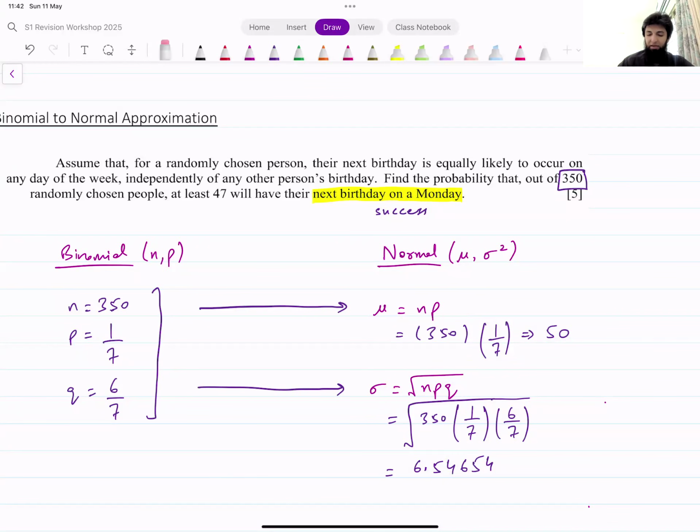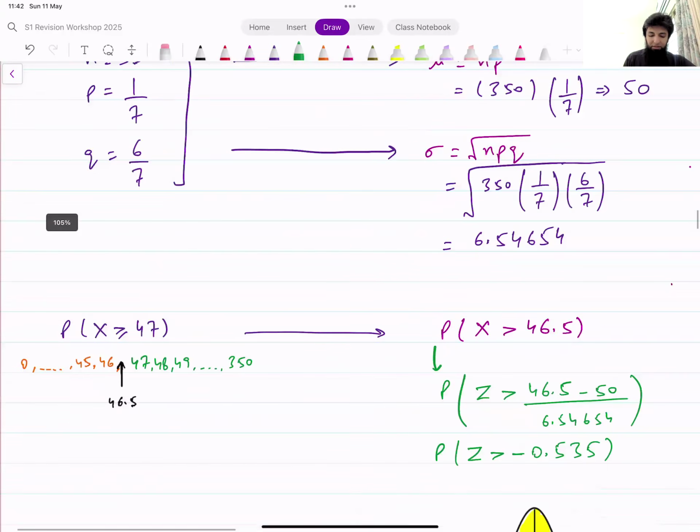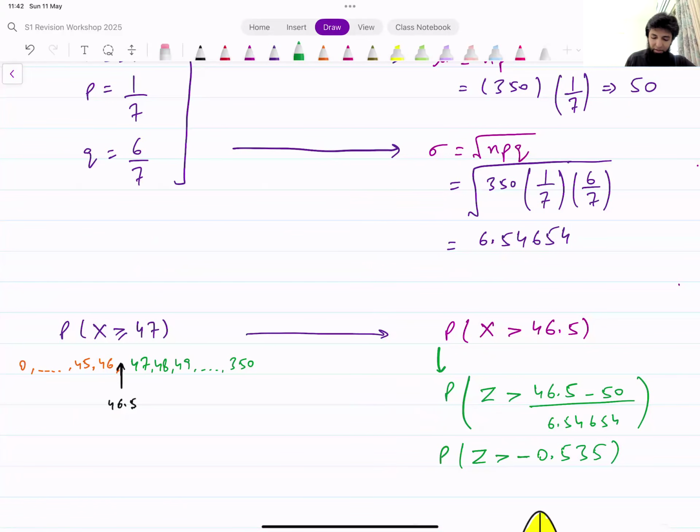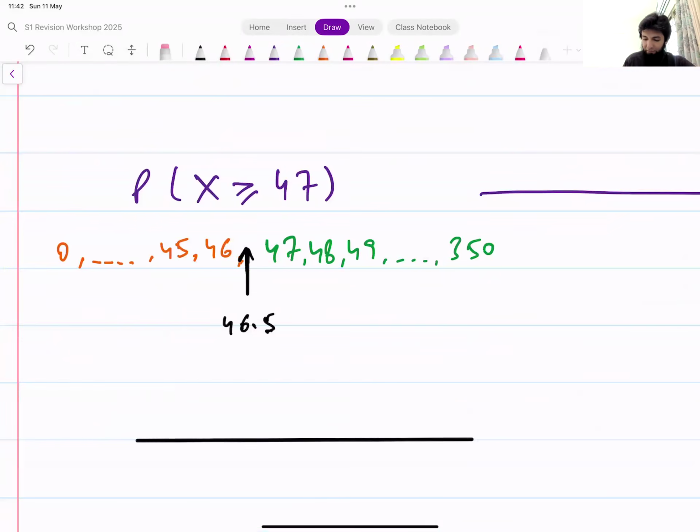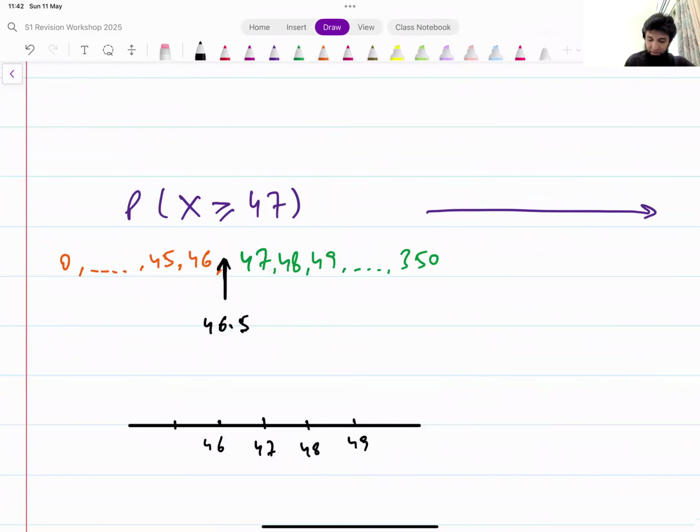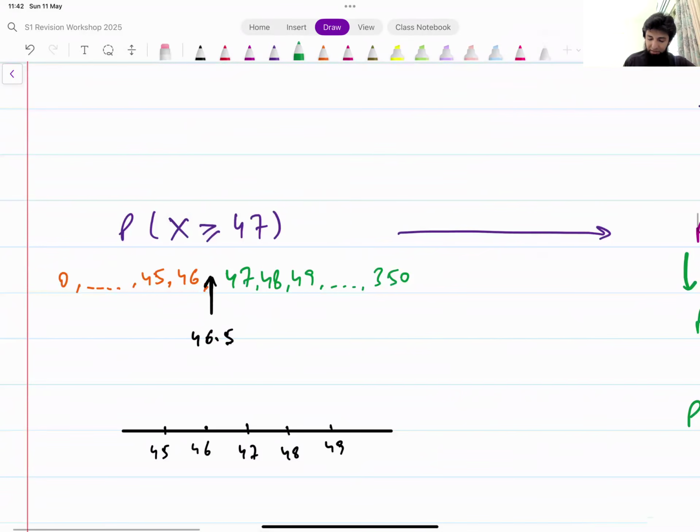Once we have these values, we can now think of it as a normal distribution and find the probability from that. But there's another problem here, and that problem is we've got this as a discrete distribution. So greater than or equal to 47, in discrete distribution, actually means if you have this number 47, and this is 48, this is 49, then greater than or equal to 47 means that 47 is supposed to be considered, 48 is supposed to be considered, 49 is supposed to be considered, and 46, 45, they're not going to be considered.